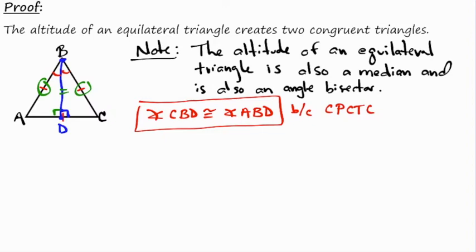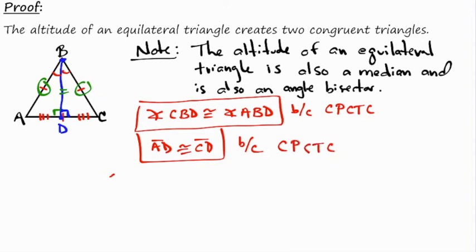Once you show two triangles are congruent, then all of their parts must be congruent. Further, we can say that segment AD is congruent to segment CD. Again, I can say this by CPCTC, corresponding parts of congruent triangles are congruent.